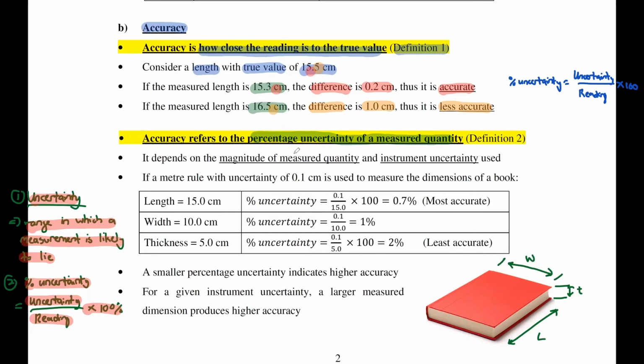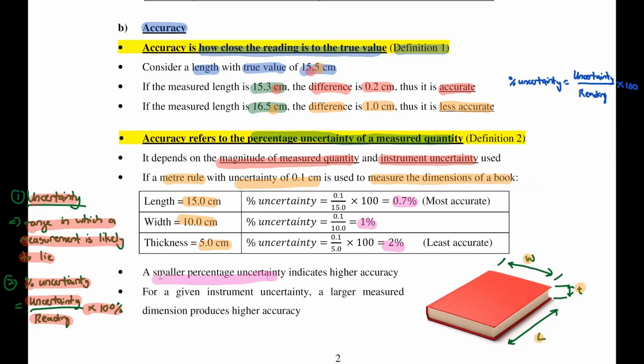Percentage uncertainty would depend on the magnitude of the measured quantity or the magnitude of the reading, as well as the instrument uncertainty used. If we have a meter rule with an uncertainty of 0.1 centimeter that is used to measure the dimensions of a book, we measure the length, the thickness, and the width, giving us the readings here and the corresponding percentage uncertainties as this.